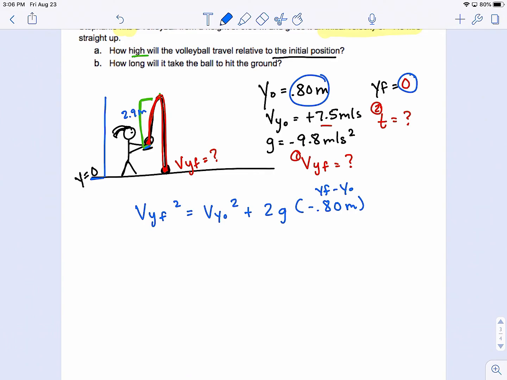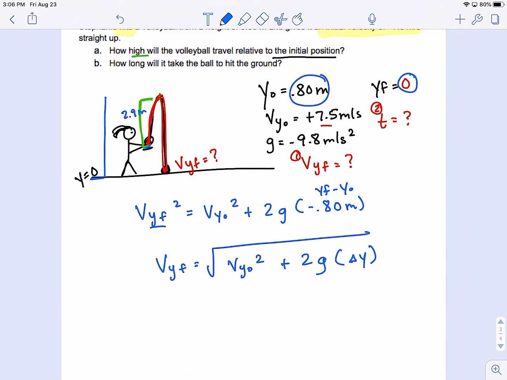So I'm going to solve for this final vertical velocity, which is going to be the square root of Vy naught squared plus 2G times delta y. If I plug in my information, I'm going to have 7.5 squared plus 2 times negative 9.8 times negative 0.8, and then I've got to take the square root of that.